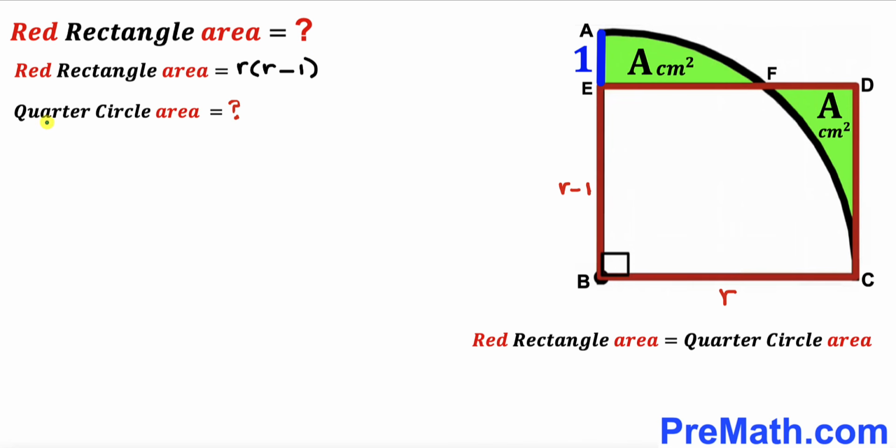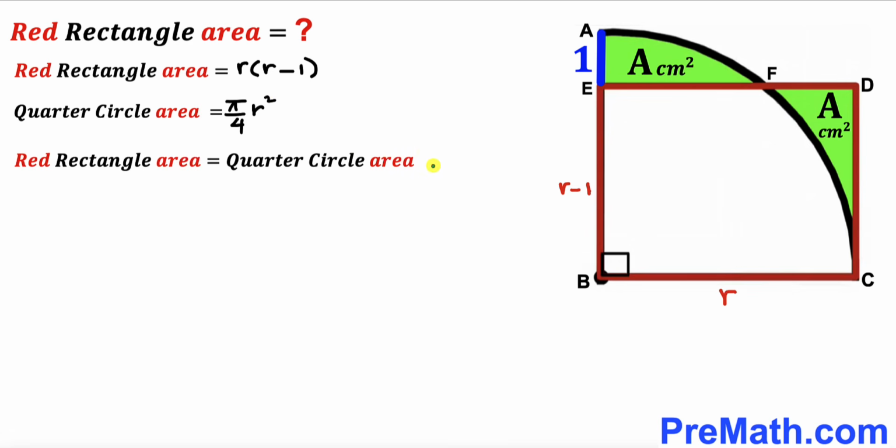And likewise we are going to calculate the area of the quarter circle. Let's recall the area of a circle formula. Area is always equal to pi r square, where lowercase r is the radius. So therefore quarter circle area is going to be pi divided by 4 times r square. And now let's recall this equation once again. The red rectangle area is equal to the quarter circle area.